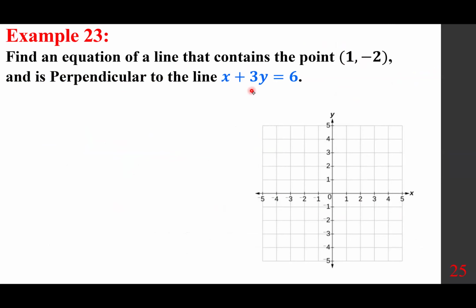So first and foremost, we are going to solve for y, and we are going to move the x first. Then we are going to divide by 3. Okay, and by the way, that's the point, 1 comma -2.